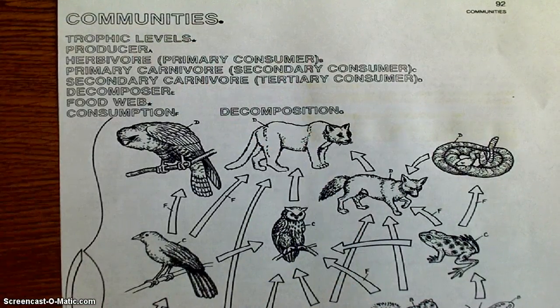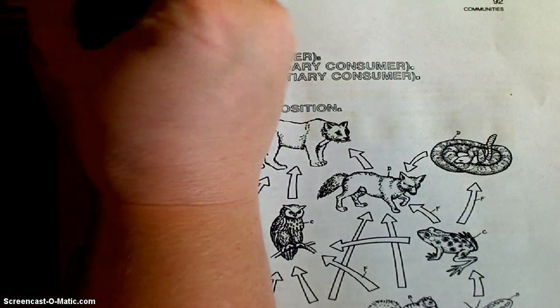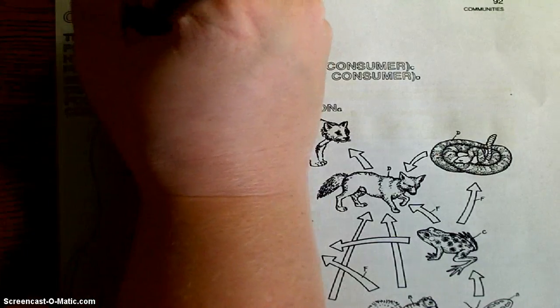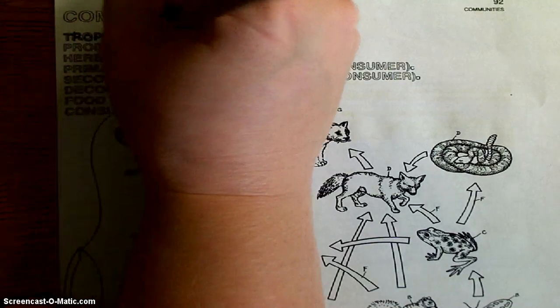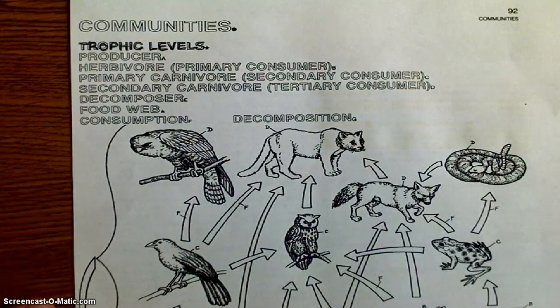Just for me, I want to stay consistent, so I'm going to outline trophic levels in black because I don't have a gray colored pencil. You can make this any color you want. You don't have to do gray or black. That's just what I'm choosing to do.